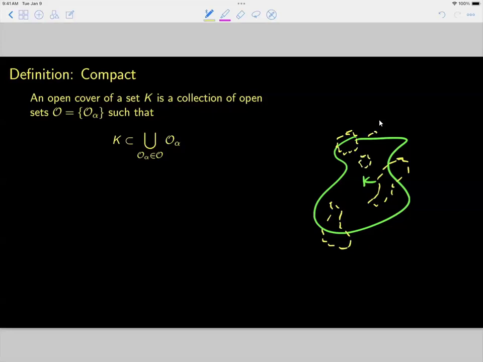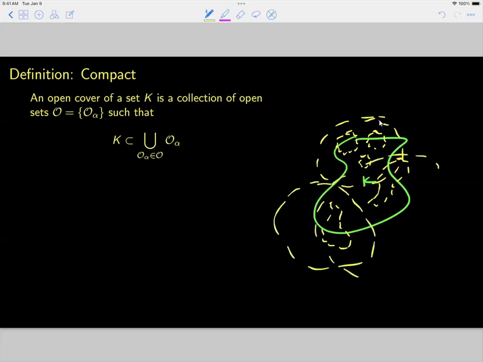But if I do this, I don't have an open cover yet, because if my O sub alphas are in yellow here, there are parts of my green set that are not covered up yet. These could overlap, lots of things could happen. So if I keep adding some more of these in, I'm just going to add some big ones in so that I think we get it all. Okay, now the yellow sets form an open cover of this set K.